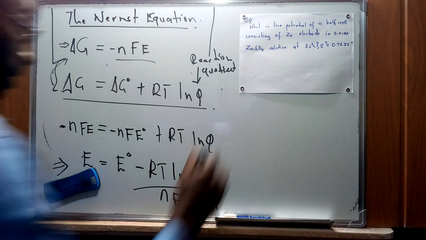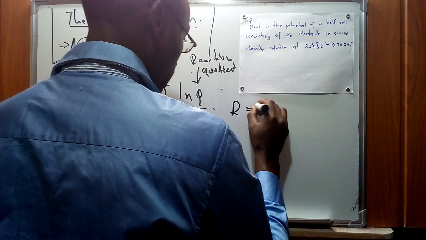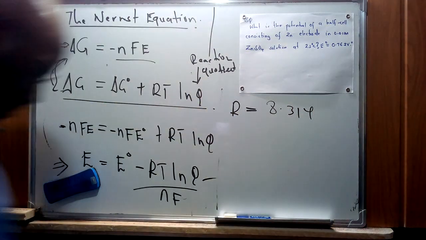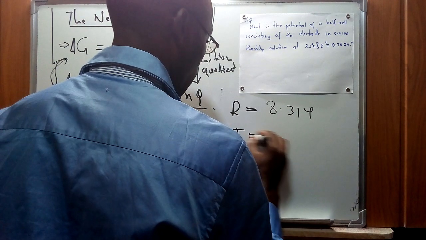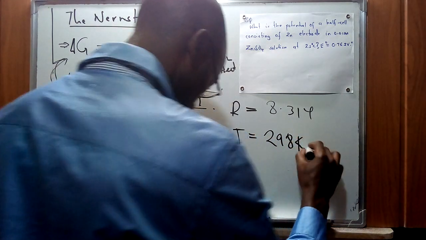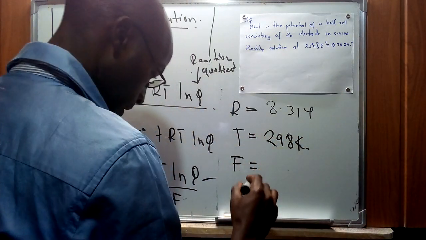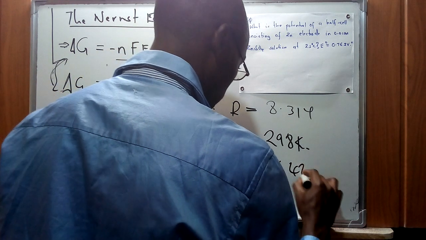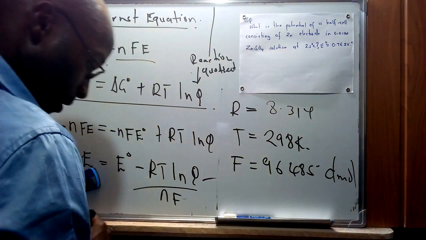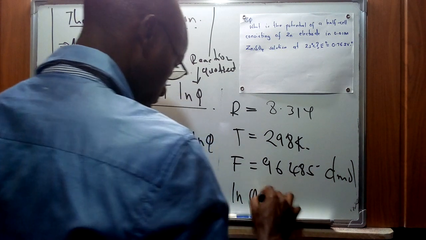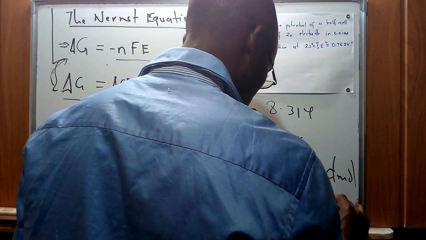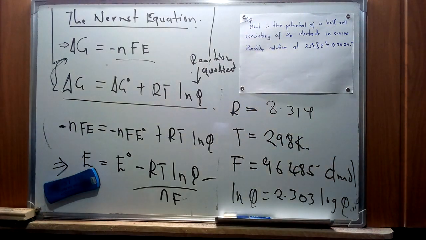At room temperature, the value for R is 8.31, a constant, and the value for T, because this is temperature in kelvins, is 298 kelvins. F, we said, is a Faraday, 96485 coulombs per mole, and the natural log of Q is 2.303 log of Q.